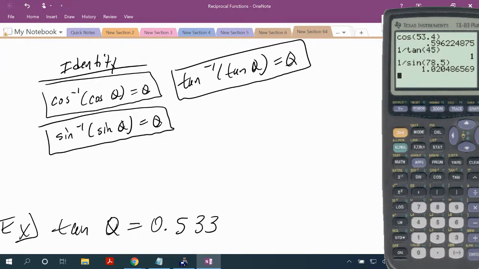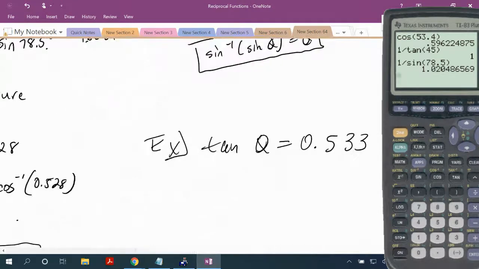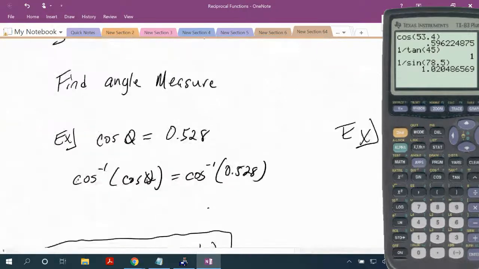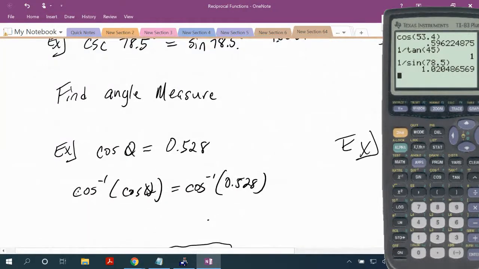So if we take the arc cosine of both sides, which we have done here, notice that on the left-hand side, the arc cosine of the cosine of theta simplifies down to give me theta. And on the right-hand side, I'm left with the arc cosine of 0.528.